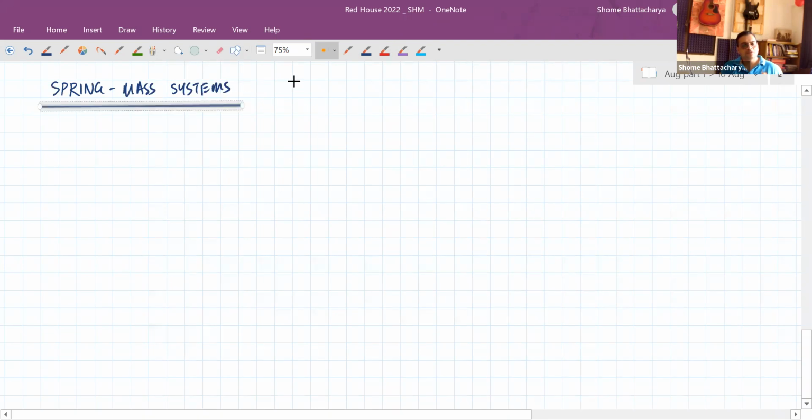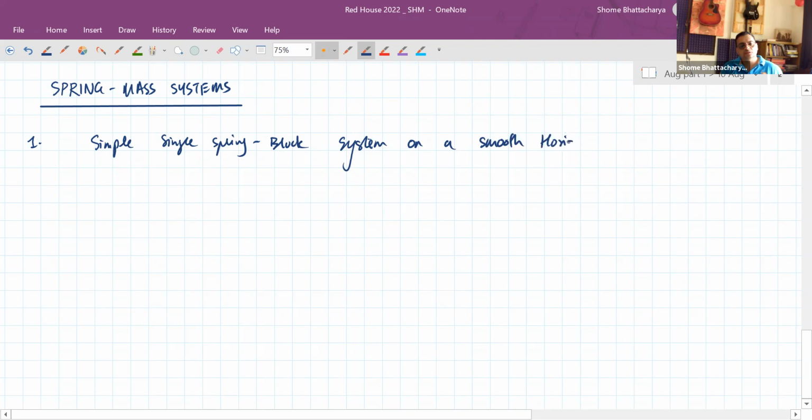So the first example we start with is a single spring block system on a smooth horizontal surface. Let's start with this.